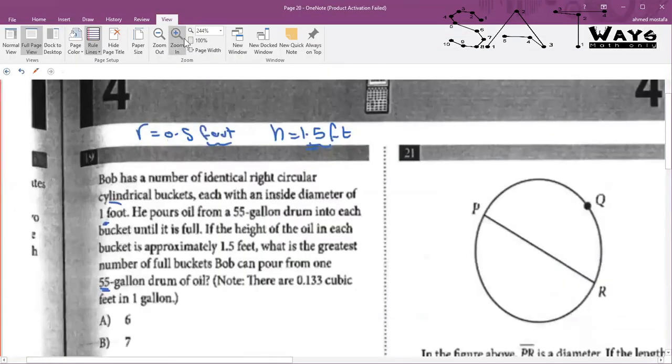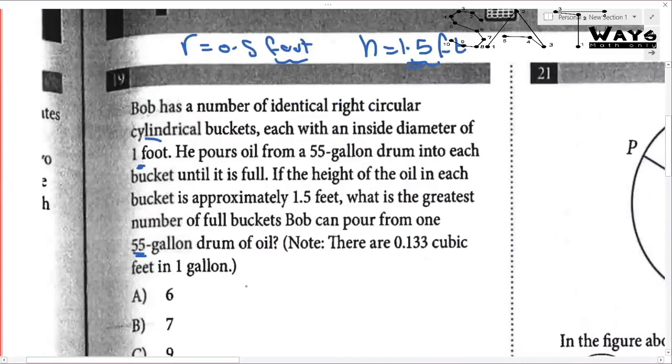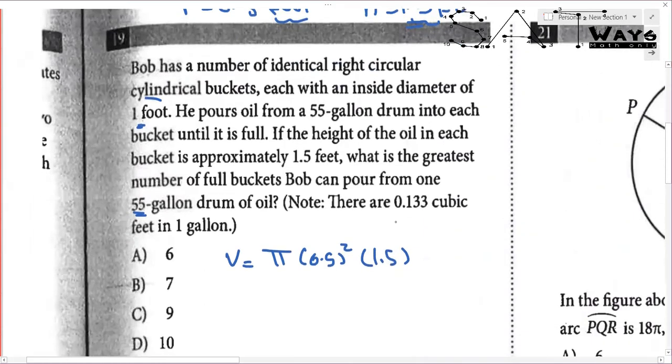To get the volume of each one, I'm going to use pi, r which is 0.5, h which is 1.5. All right, let's calculate this. Pi times 0.5 squared multiplied by 1.5. So it's obviously 1.17809 and so on.